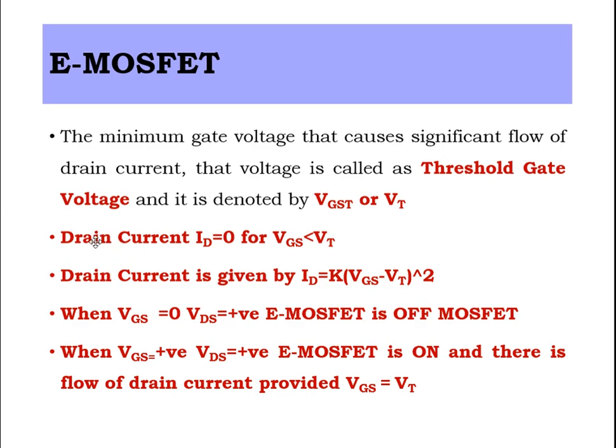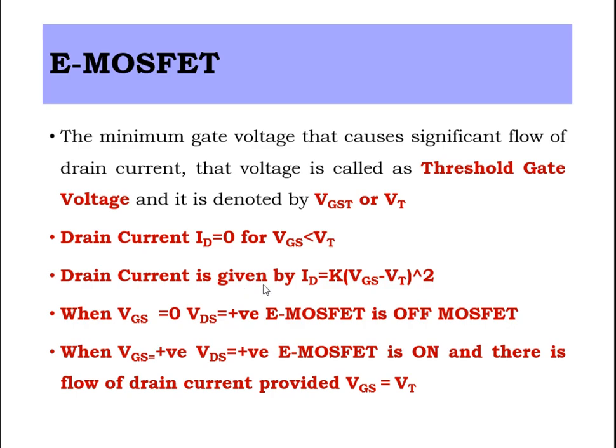So drain current ID becomes equal to 0 whenever the applied gate source voltage is less than the threshold voltage. If we apply a gate source voltage less than this threshold voltage, automatically the drain current becomes equal to 0. So if we want to get the drain current, then VGS must be greater than VT or equal to VT.